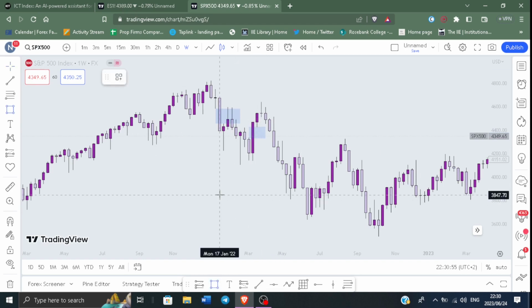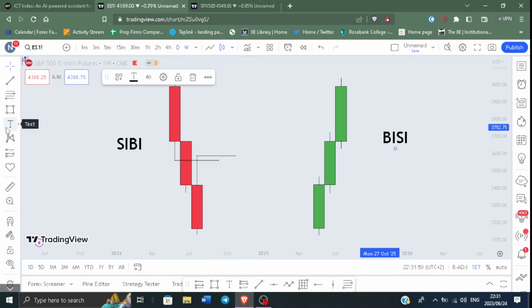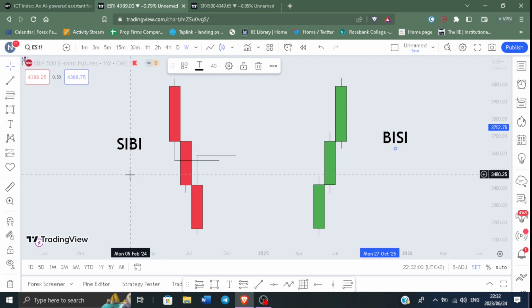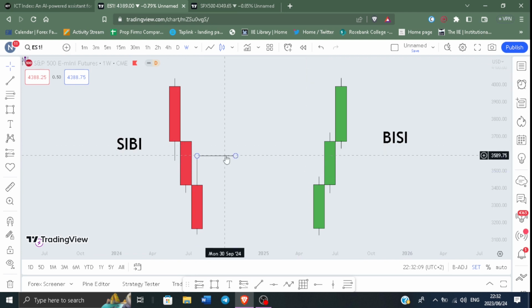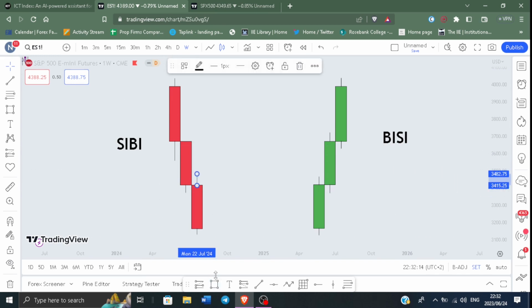So when we come back here, we have two types of fair value gaps. The one on the left is known as a SIBI, which stands for sell side imbalance, buy side inefficiency. If we draw out our fair value gap again, we've created a fair value gap now.